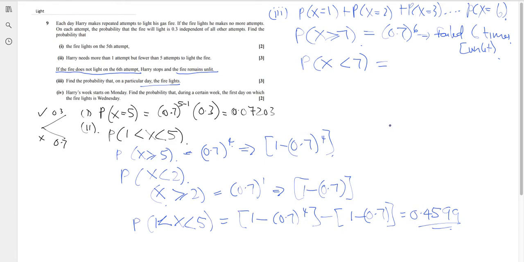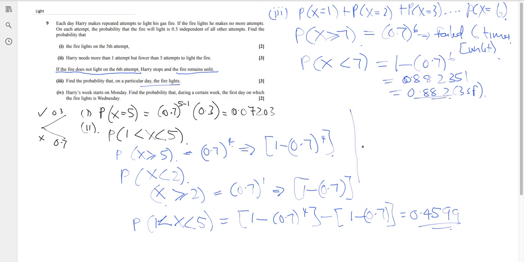So it should be X is less than 7. The complement is 1 minus 0.7 to the power of 6, which is 0.882 to 3 significant figures. Okay, that's the answer.